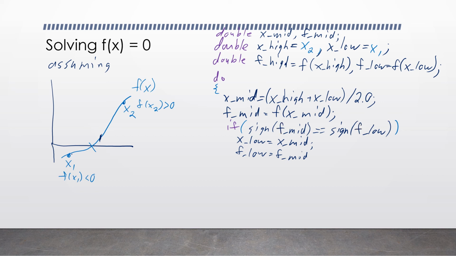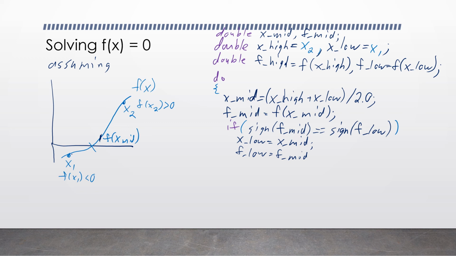Okay, that makes more sense. If the sign of f of x mid is on the same side as x high, we want to replace it with x high. If it's on the same side of x low, we want to replace it with x low.